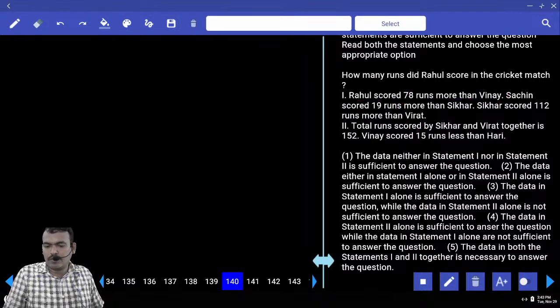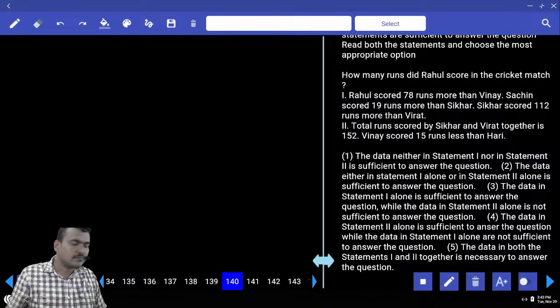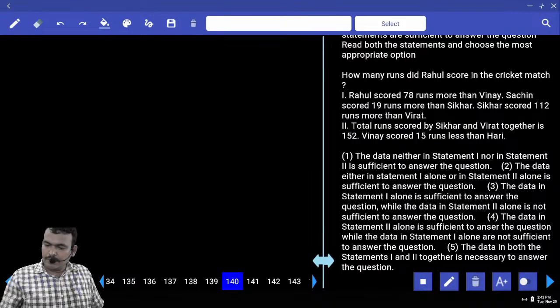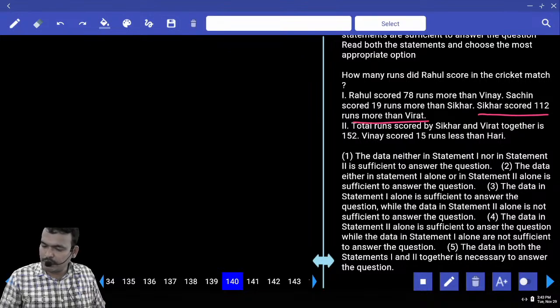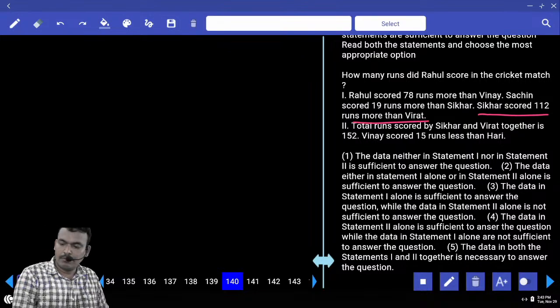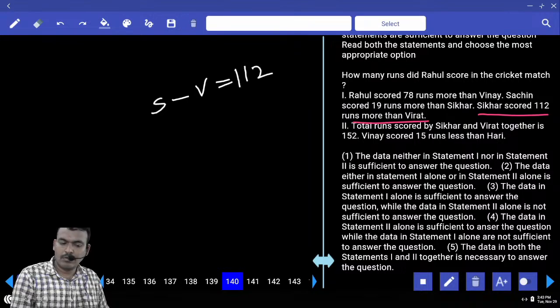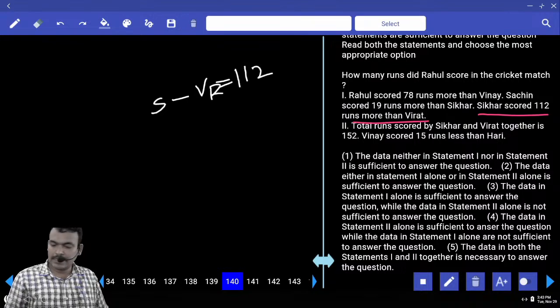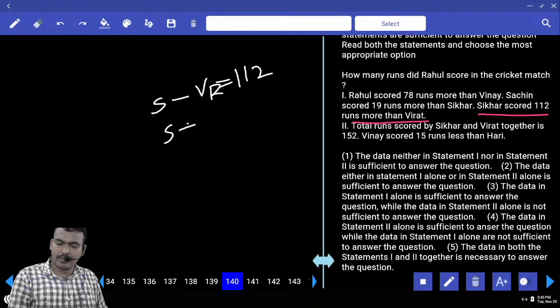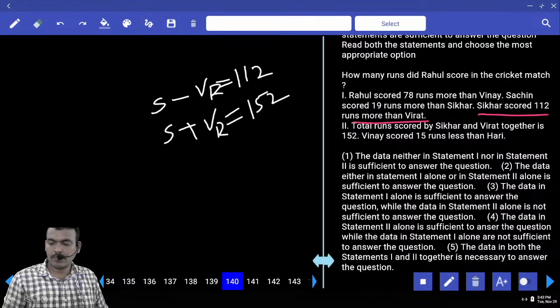Sorry, both 1 and 2 together are getting the answer. In the first statement, Sikhar scored 112 runs more than Virat. Means Sikhar minus Virat is equal to 112. Second statement: Sikhar plus Virat together is 152. We get the individual values of Sikhar and Virat.